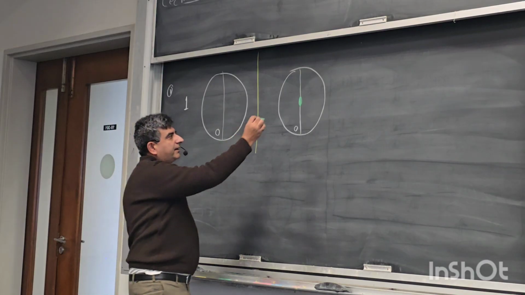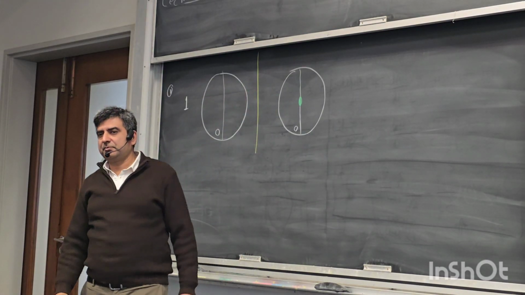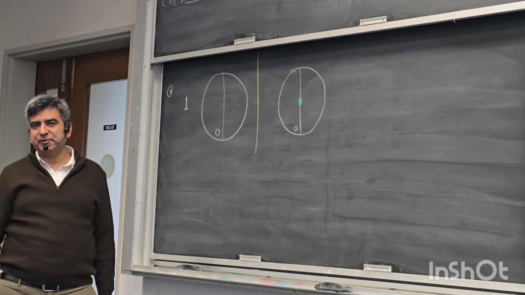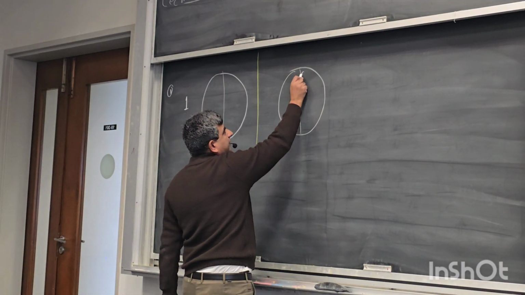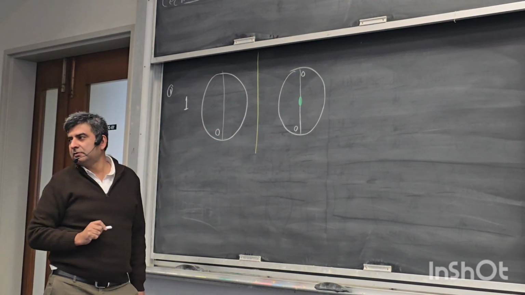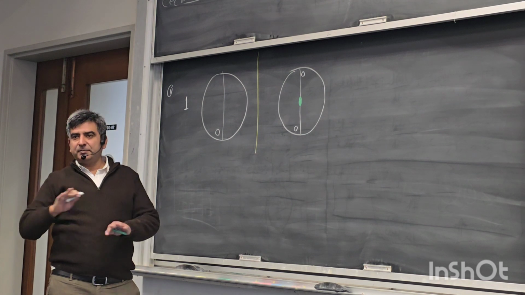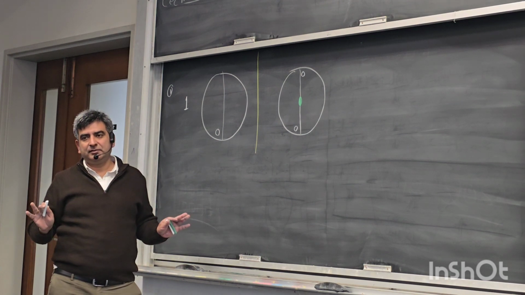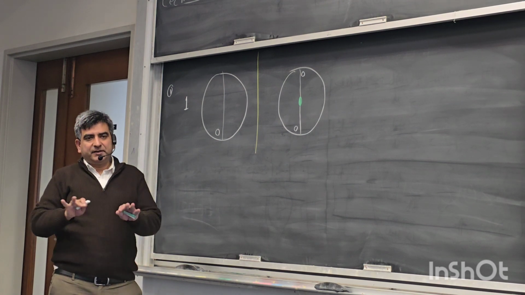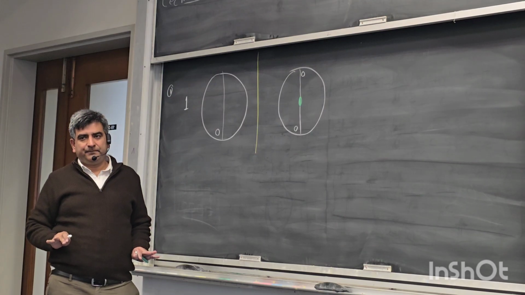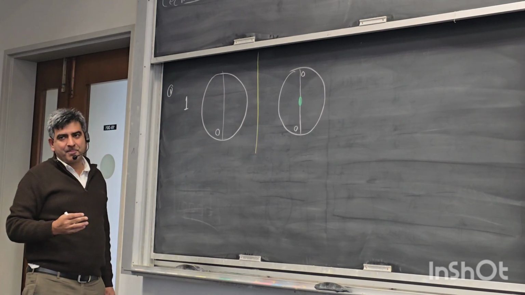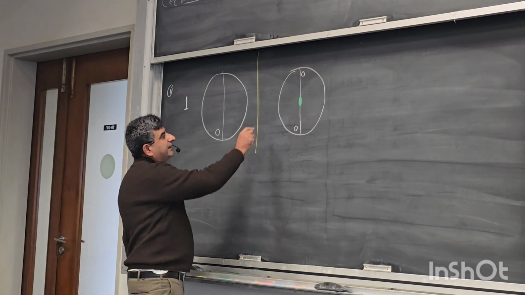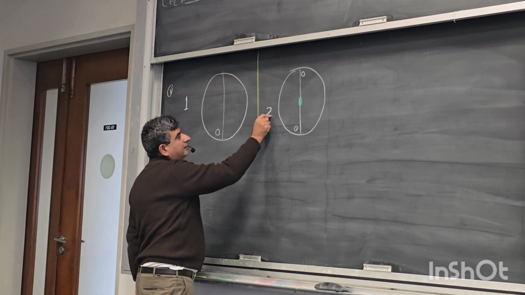A twofold axis passes through the center of this stereogram, which means there is a 180 degree rotation from this point. Then this point is transformed here. A point that is above the plane remains above the plane. A point that is below the plane remains below the plane. Okay? So this is the next point group, which is denoted by 2.